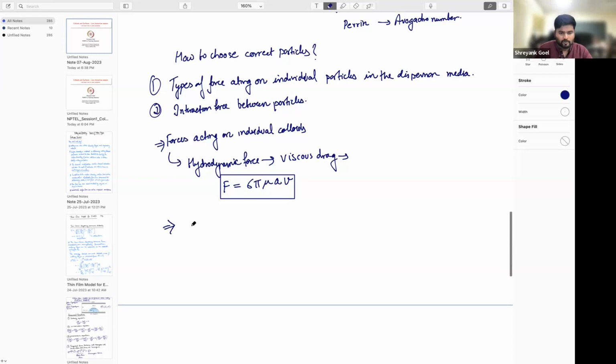The second thing is the Brownian force. That is defined as kBT by a. Each particle is colliding with another particle that has kinetic energy kBT, so kBT by a is the Brownian force.